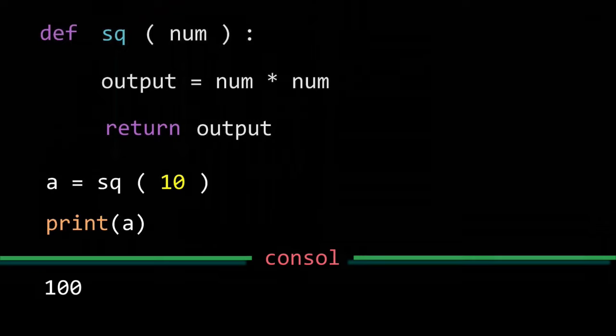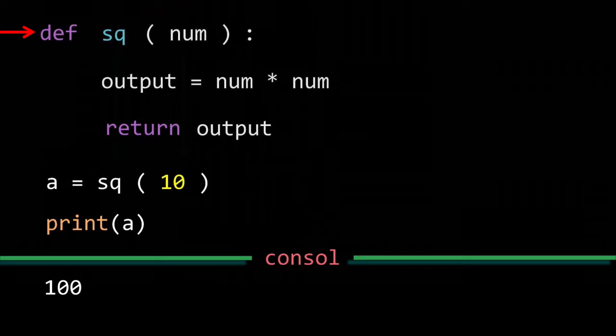But how do things work in Python? In Python, the program gets executed from top to bottom. It starts from the first line and continues.